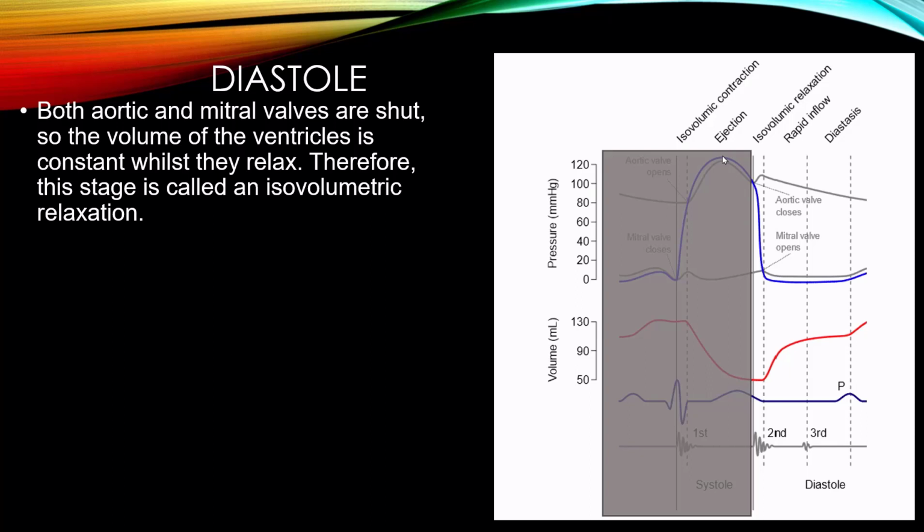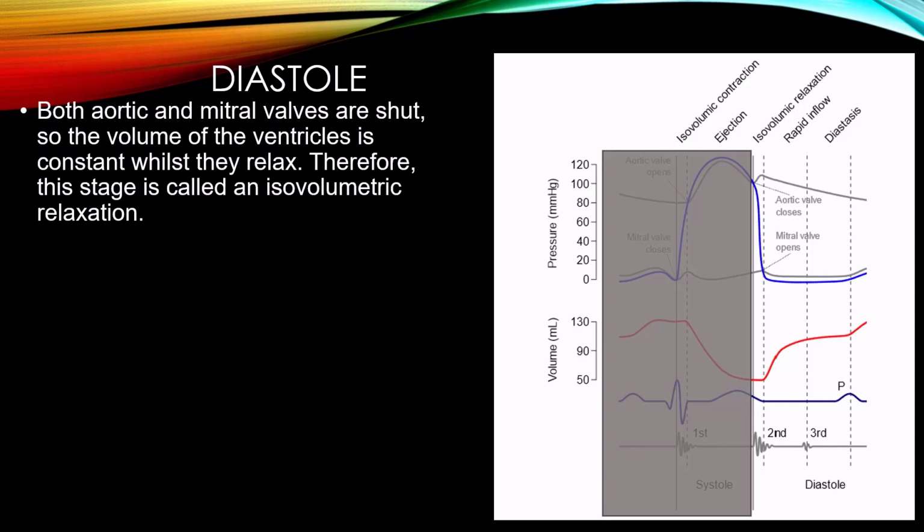Here you can see that after the peak, both the aorta and the ventricle become relaxed and the pressure is decreasing, but the ventricle relaxes more than the aorta. There is no flow of blood from the aorta into the ventricle or from the atria to the ventricle. So this is called isovolumic relaxation.